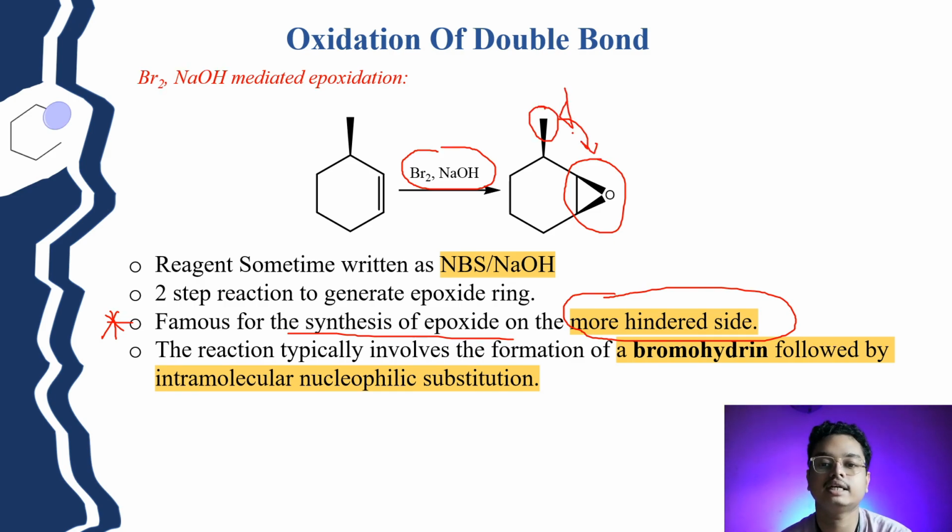This is the key distinguishing feature between Br2 NaOH and MCPBA based epoxidizing agents. This reaction typically involves the formation of a bromohydrin and then intramolecular nucleophilic substitution. So let us understand the mechanism first and then we'll discuss further.